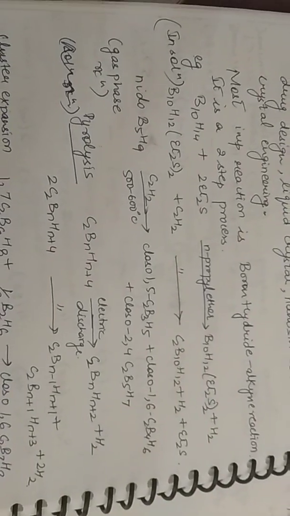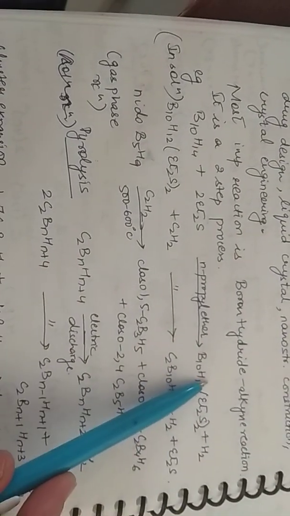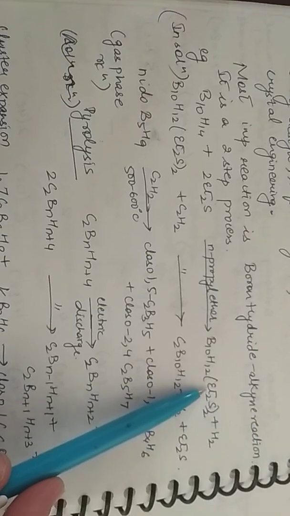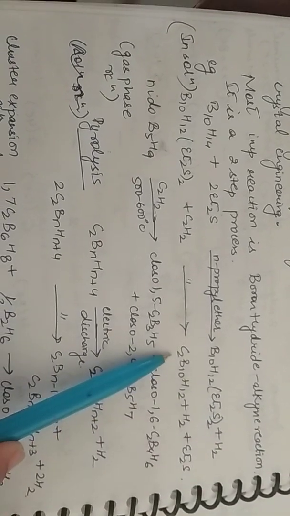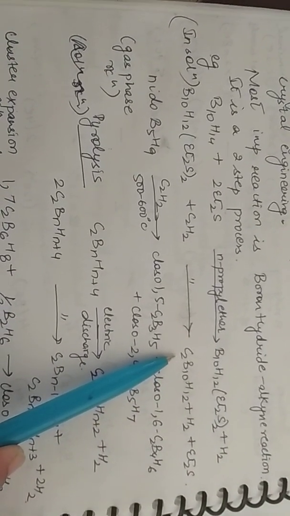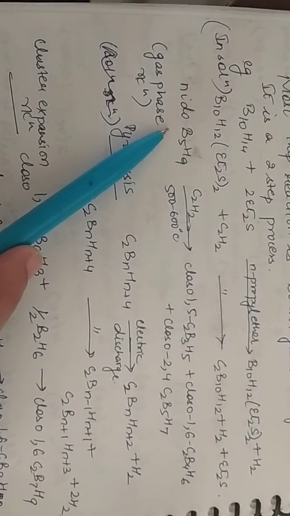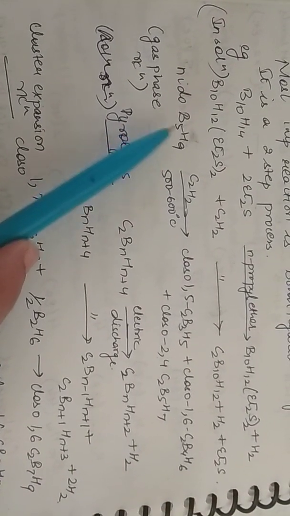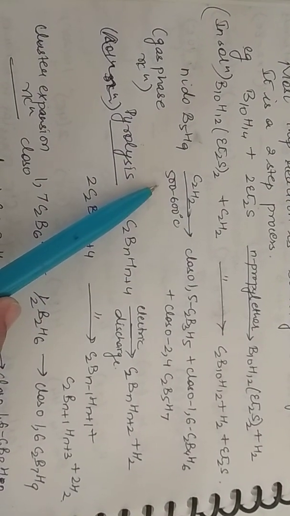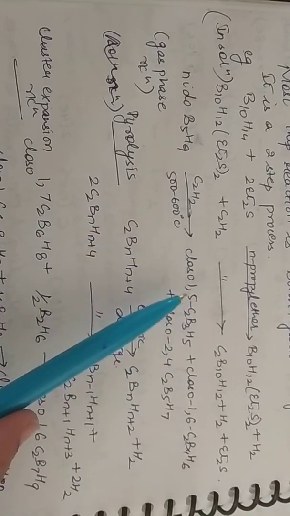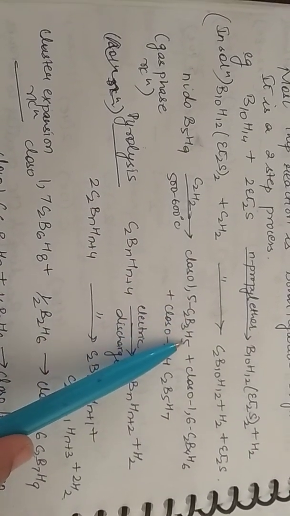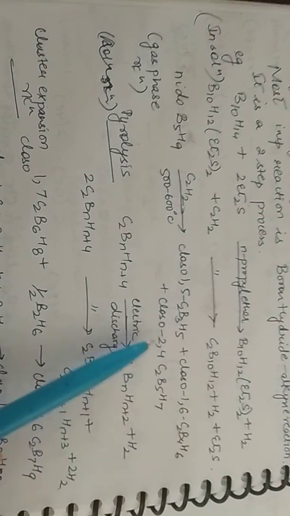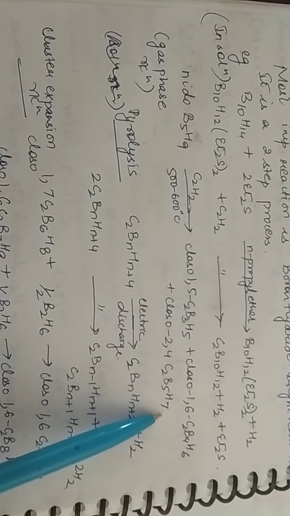Okay, so first you are getting an adduct which has not yet bonded, then the carbon gets into the structure in the next step. In gas phase reaction, this is nido B5H9 in presence of C2H2 at 500 to 600 degrees Celsius. You get the closo 1,5-C2B3H5, closo 1,6 and closo 2,4-C2B5H7.